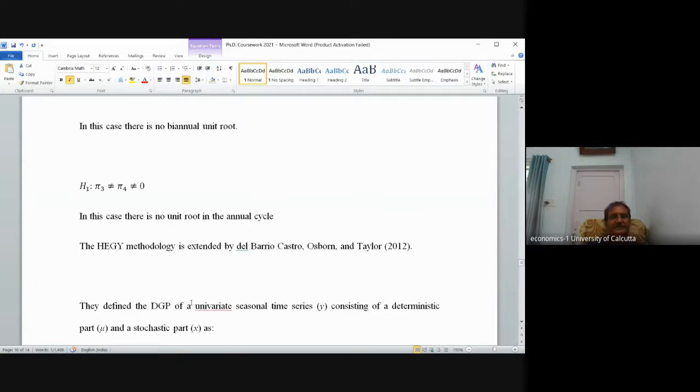Third alternative, pi 3 not equal to 0, pi 4 not equal to 0. So this alternative indicates there is no unit root in the annual cycles.